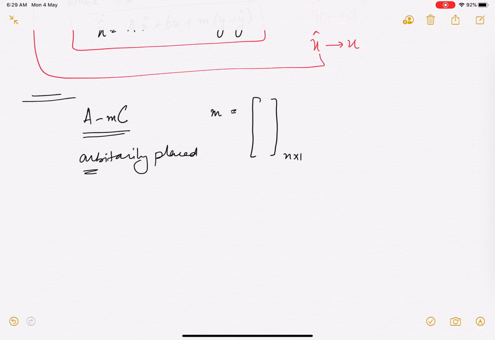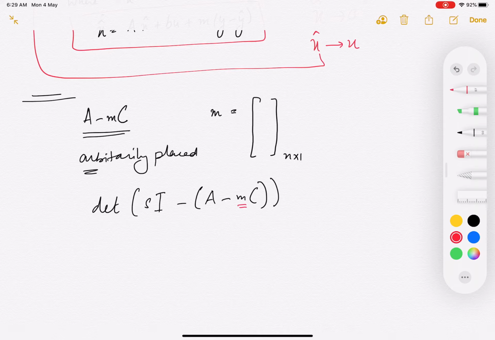Now see, when you say that the eigenvalues of A minus MC are arbitrarily placed, what you're saying is that the determinant of sI minus (A minus MC) is in your control, because you have control over M. And since sI minus (A minus MC), if you take the transpose, you must be knowing that when you take the transpose of matrices like this, you can individually transpose the terms.